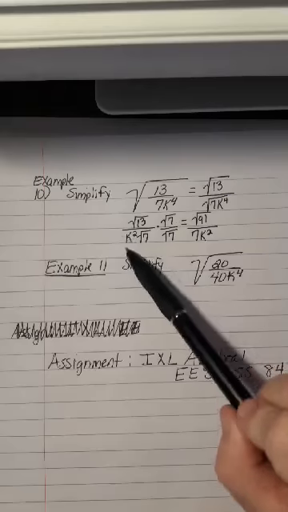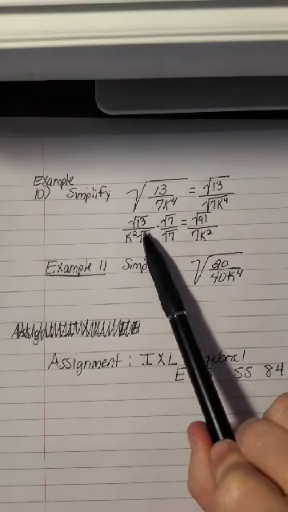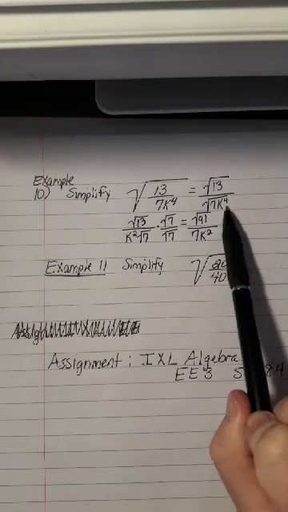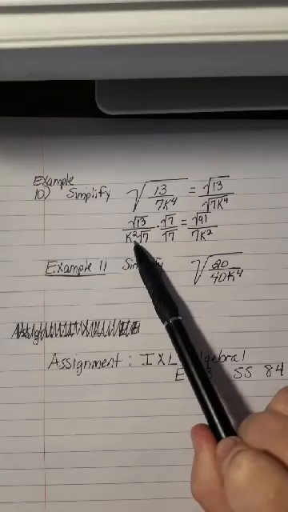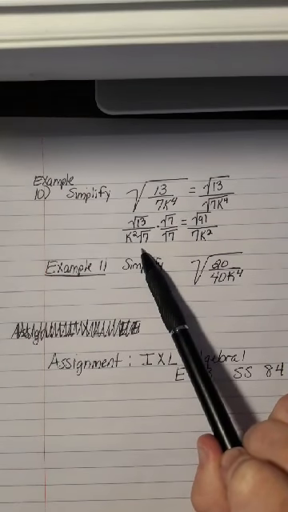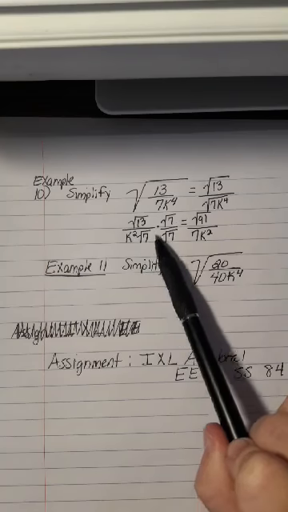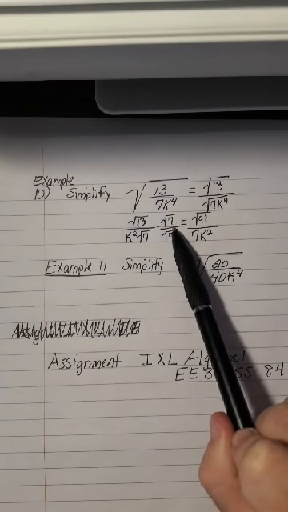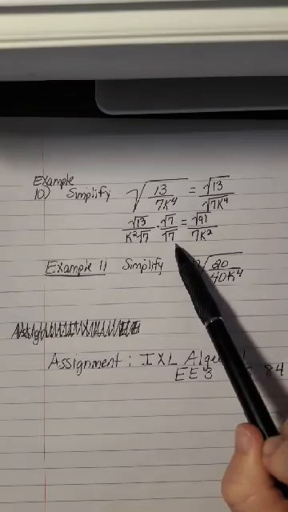And then I come down here, and I leave the square root of 13. I took k to the 4th, and I halve the exponent because that's a perfect square. K to the 2nd comes on the outside, and you're left with your square root of 7. And then you have to multiply top and bottom by the square root of 7. Square root of 7 over square root of 7.